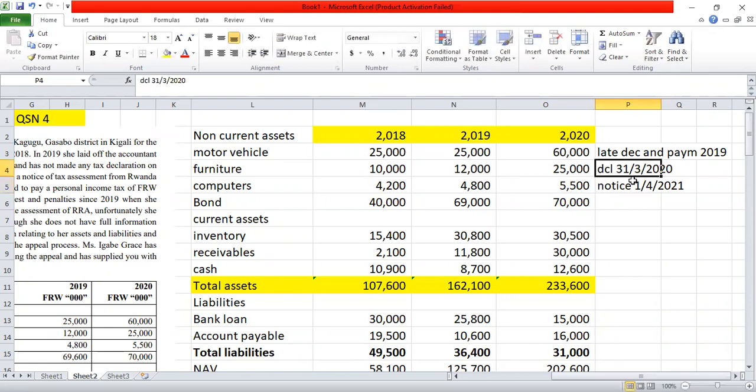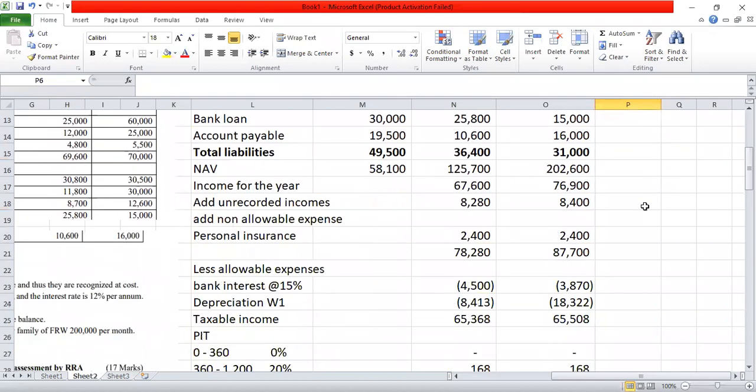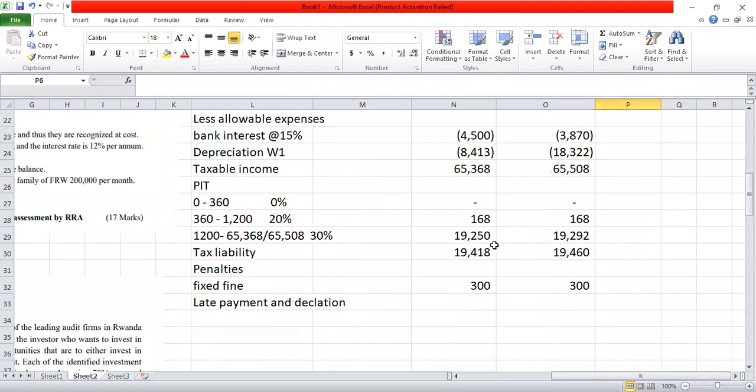Meaning from this date to here has not yet declared the taxes. So you are calculating from 1st April to 31st March 2021, that is 1 year. So those are going to be 13 months. Automatically is exceeding 60 days. So in that case, we are going to apply 60%.